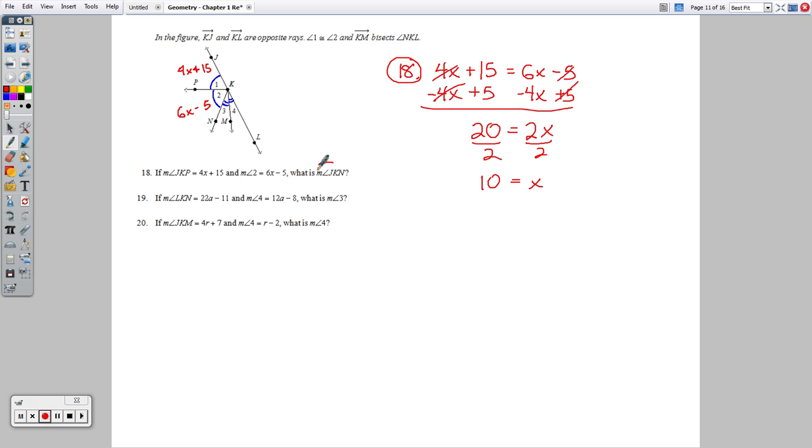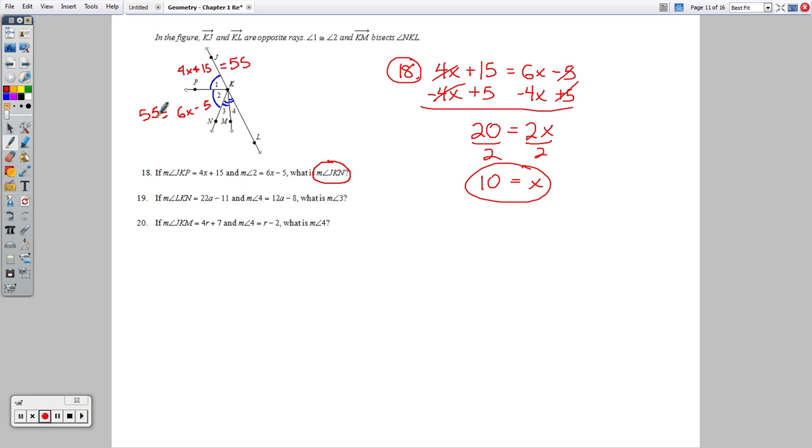We're trying to find, though, the measure of JKN, so we can plug this back in. To find JKN, we would be adding this to this. So really, we could just find one of those and multiply it by 2, but it might be best to at least plug it back in here. This would be 4 times 10 is 40 plus 15 is 55. And then this one, 6 times 10 is 60 minus 5.